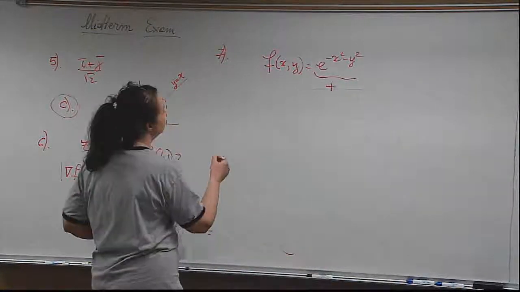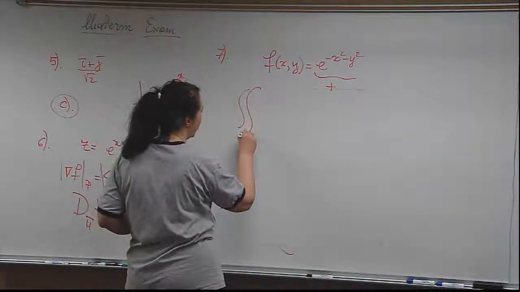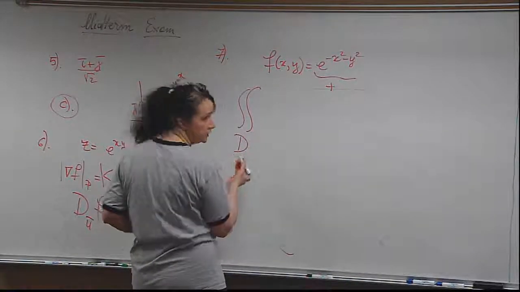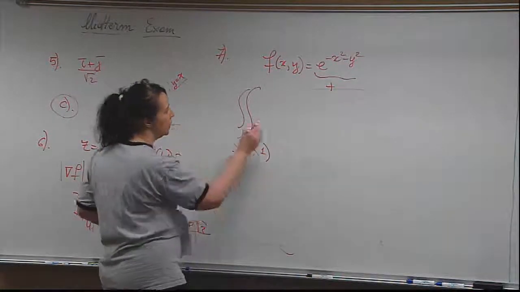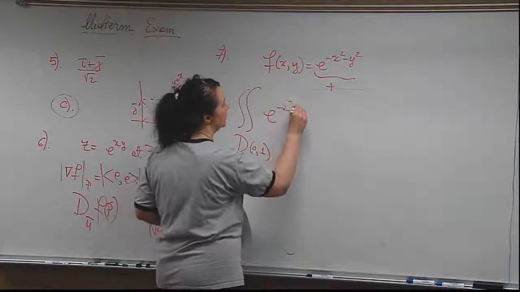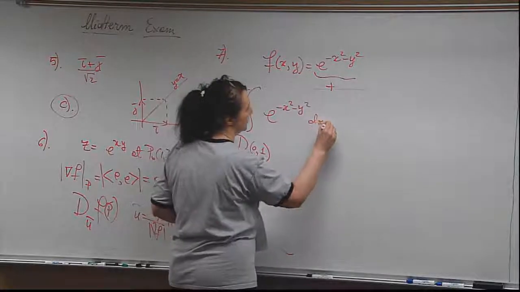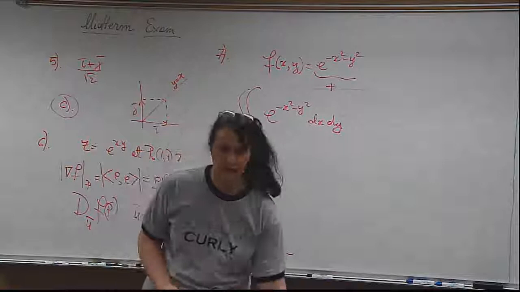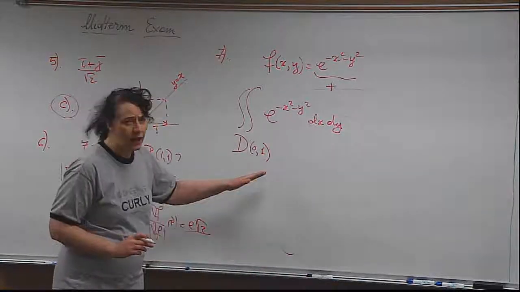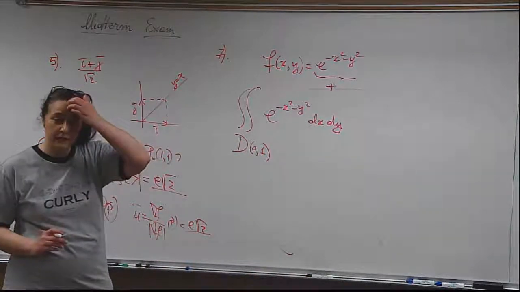And then you have to compute the double integral over the unit disk of center 0 and radius 1 of e to the negative x squared minus y squared dx dy. But then you say, well, I've done this kind of thing before, but not with Cartesian coordinates.